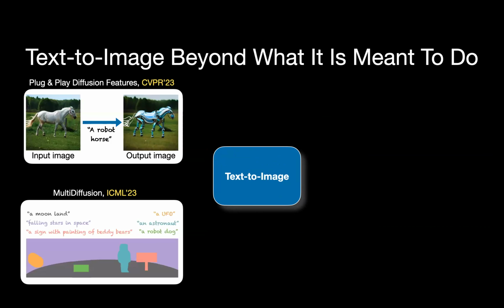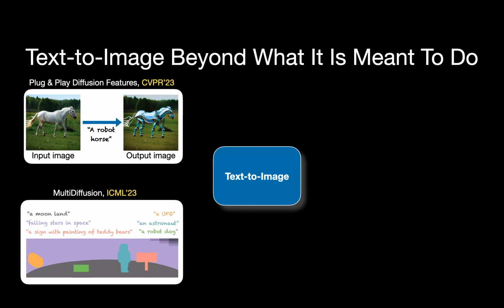So in my lab, we worked on different aspects of this goal. In the beginning, we showed how we can take text-to-image models and gain different spatial controls over the generated content. For example, in Plug and Play, you can see that we can preserve the semantic layout of a given input image while editing it in a way that keeps a high fidelity to a given text prompt.